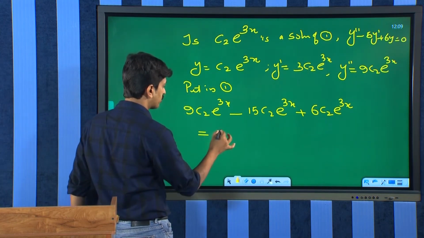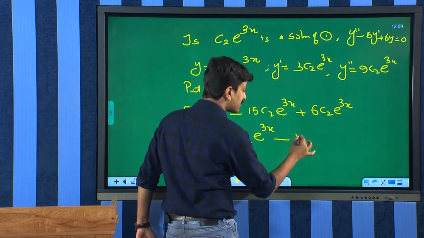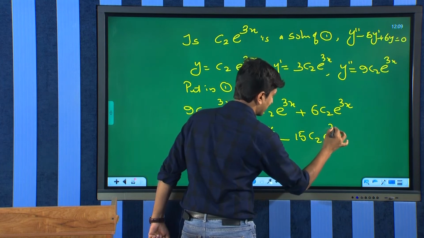So, this is equal to 15c2 e^(3x) minus 15c2 e^(3x).